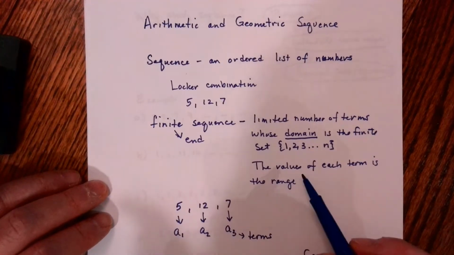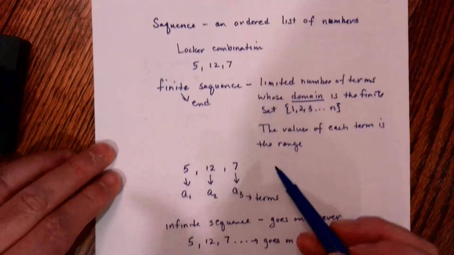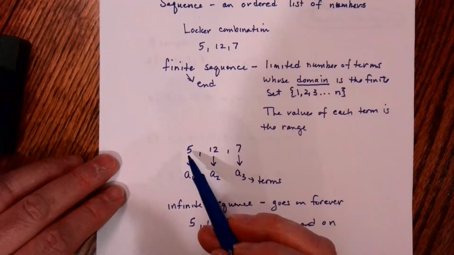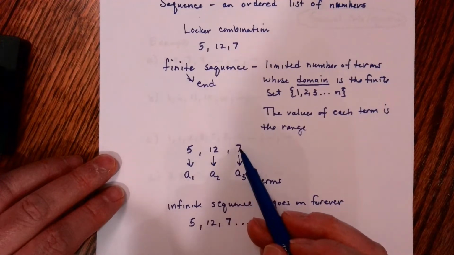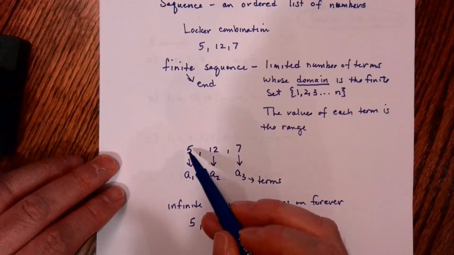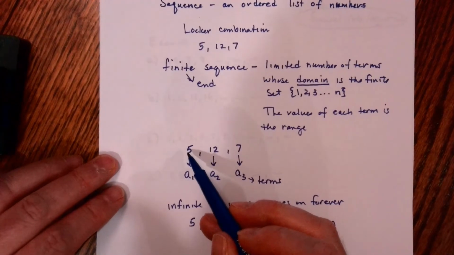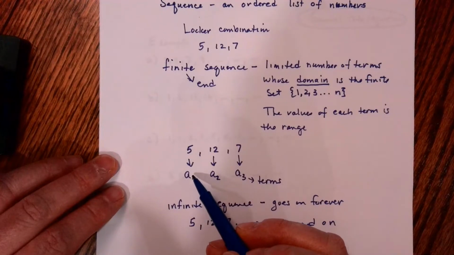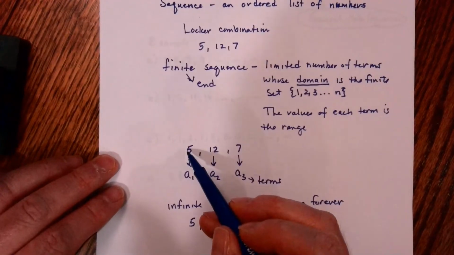So think about it this way. If you take a look at your locker combination again, 5, 12, and 7, your domain value would be 1, that would be your first term, but its value would be 5. So your domain is 1, its value is 5.